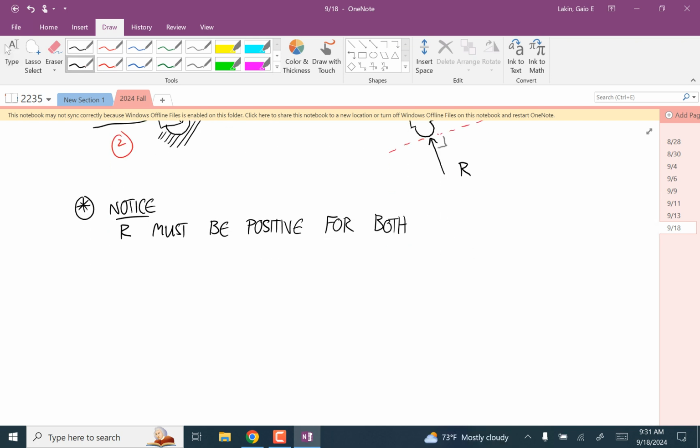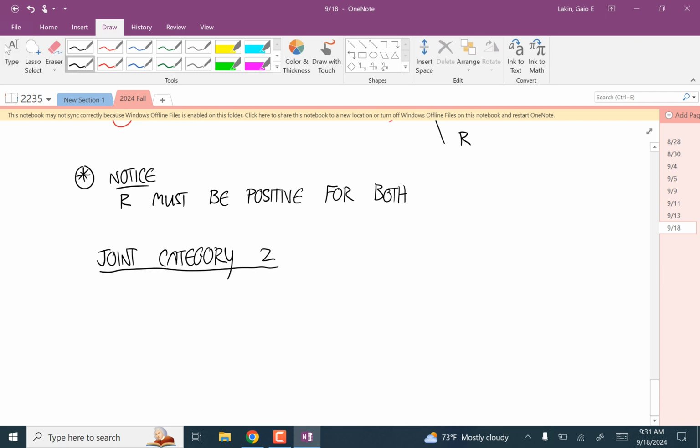Okay, so now joint category 2. So this applies force components in 2 directions.